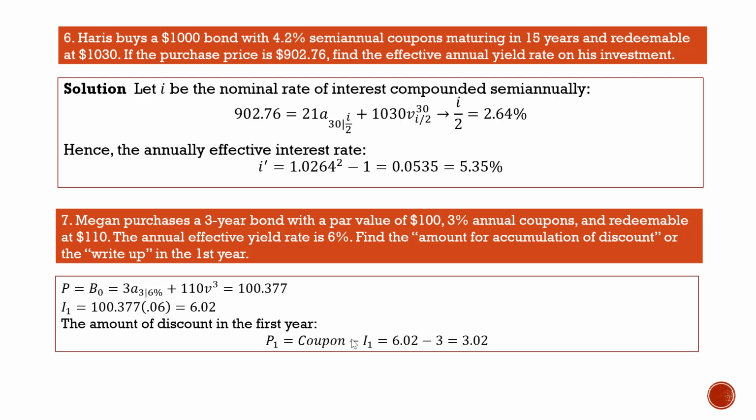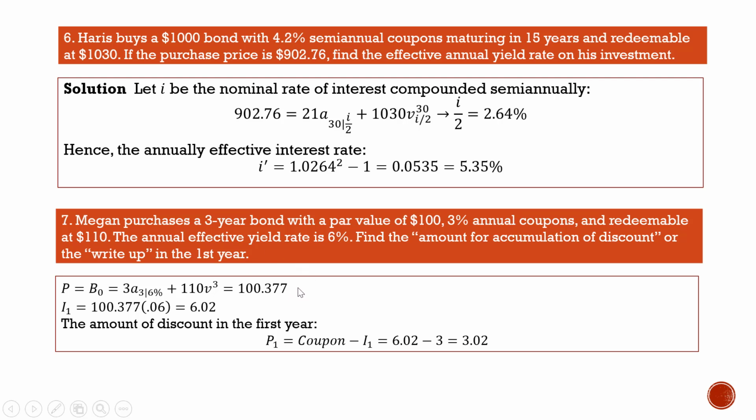The general idea for this problem is you need to find the price, the book value at time 0, to compute the interest over the first year, and find the difference between the interest over the first year and the coupon, because this question asks for the amount of discount over the first year.